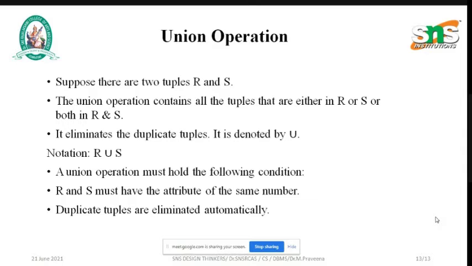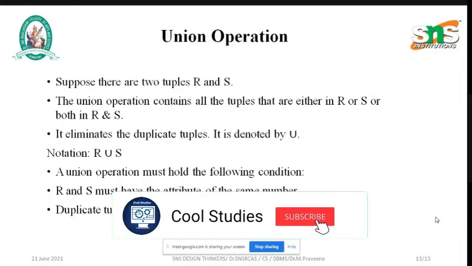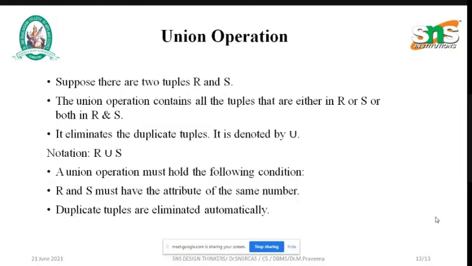Suppose there are two tuples R and S. The union operation contains all the tuples that are either in R or S or in both R and S. Common things will be neglected, and all the tuples, all the attributes will be displayed. That is the main purpose of union operations.